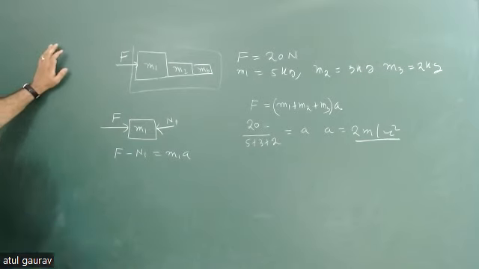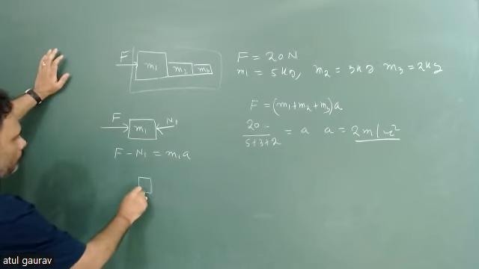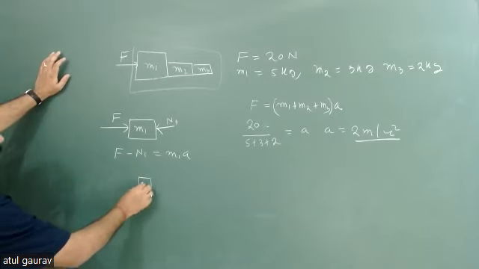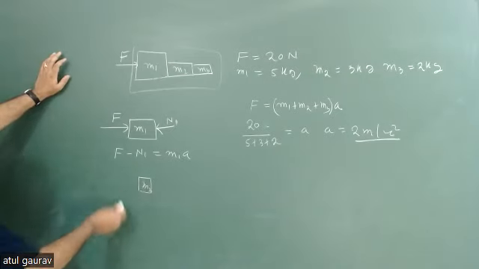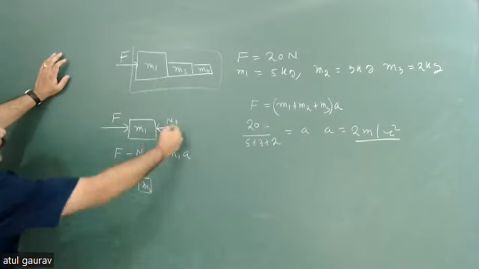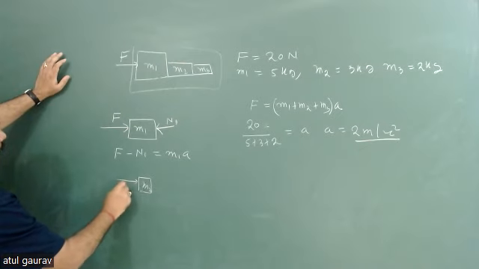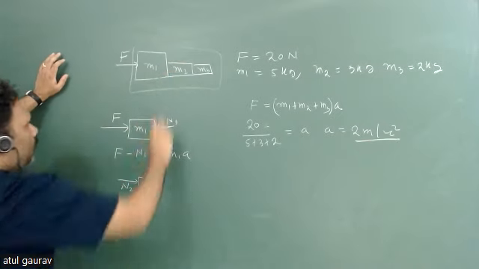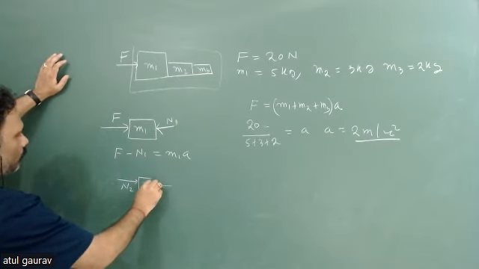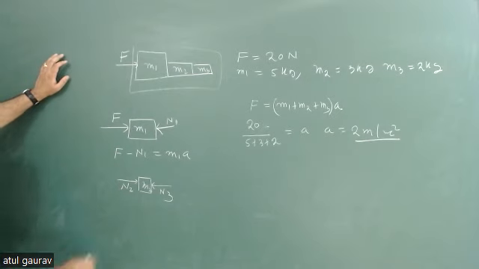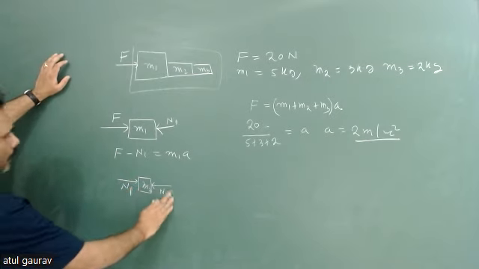Okay. Now second, for M2. So M1 is pushing on this, so N1 is here, and N2 is here, it will always have a pushing effect. And then M2 will push M3, then M3 will also push M2. Sorry, this is N1 and this is N2.